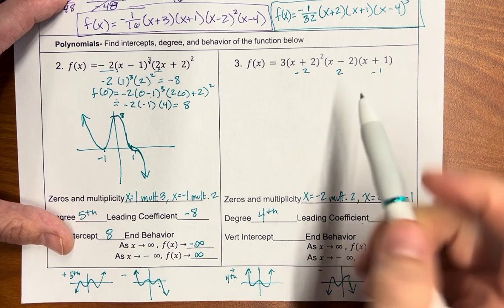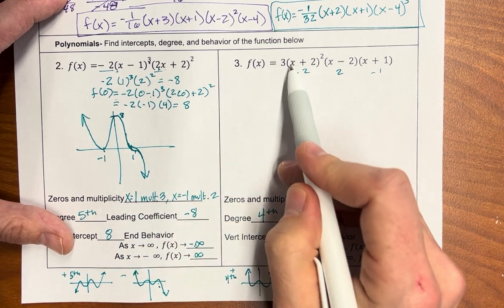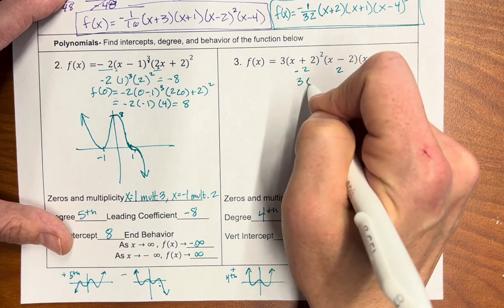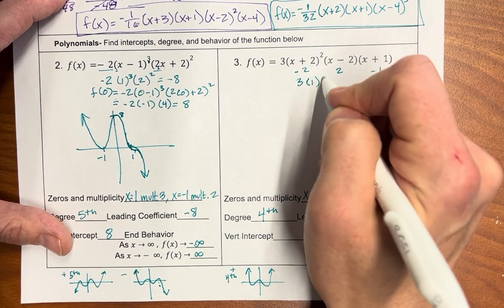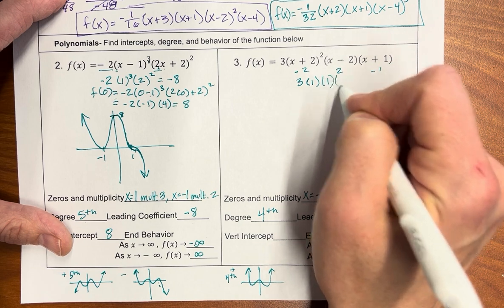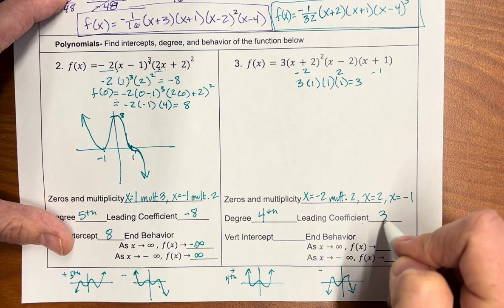For the leading coefficient, I'm going to take all of the coefficients of x and the number out front and multiply them all together. This is 1 squared, so that's just 1. So 3 times 1 squared is 3. There's just a 1 in front of this x, so another 1, and a 1 in front of this x, so another 1. So really my leading coefficient is positive 3.